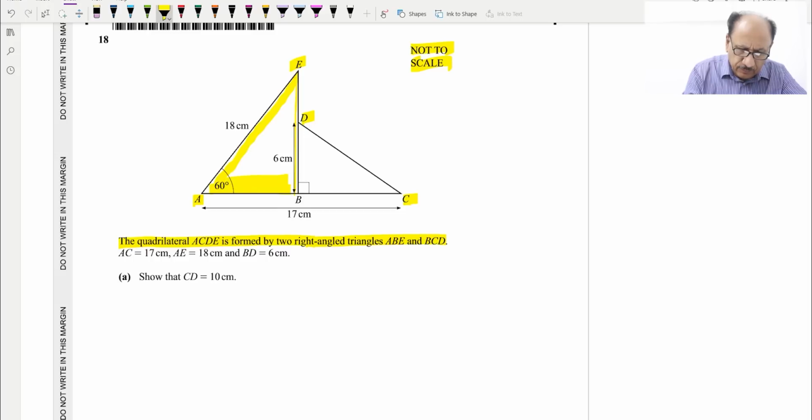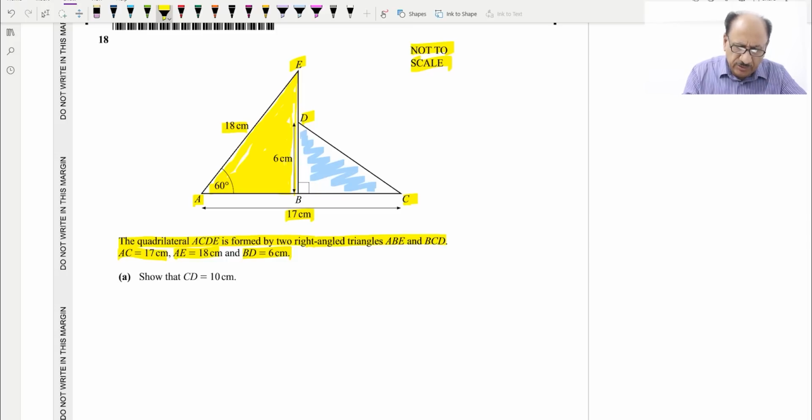This is the triangle which we are talking about, and the other triangle is BCD. This one is BCD. Now they are saying AC is equal to 17, this one is 17, AE is equal to 18 centimeters, and BD is equal to 6 centimeters.